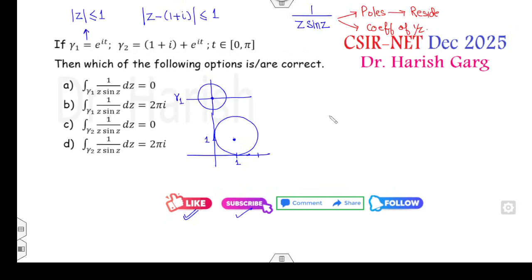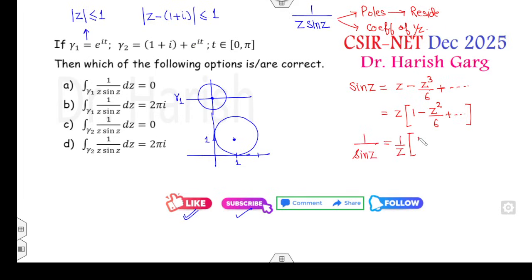So how can you apply the special function? I can expand the series of sine z as z minus z cube over 3 factorial and so on. I can take z common, then 1 minus z square over 6 and so on. I can take 1 over sine of z. It will be 1 over z.